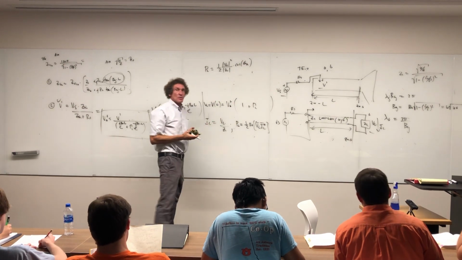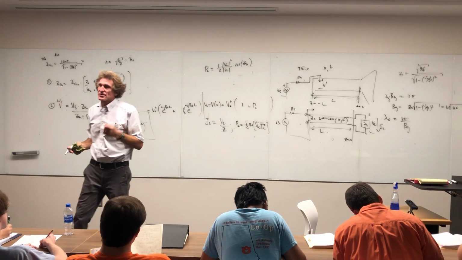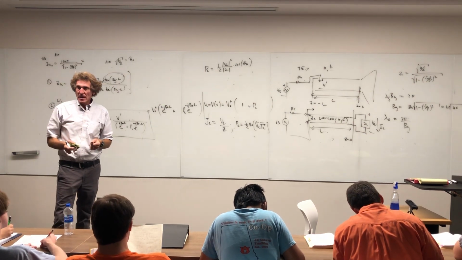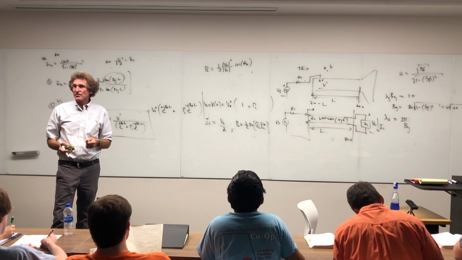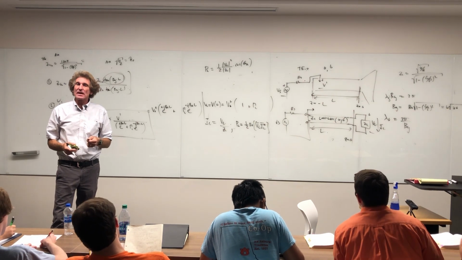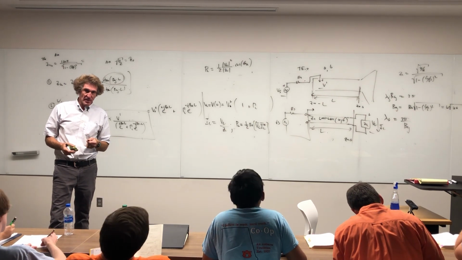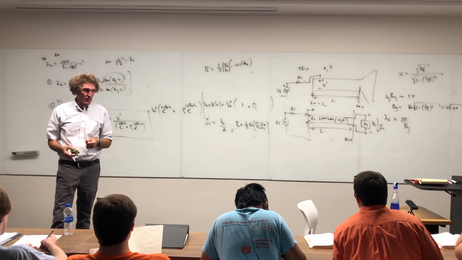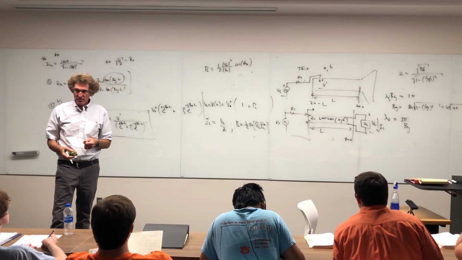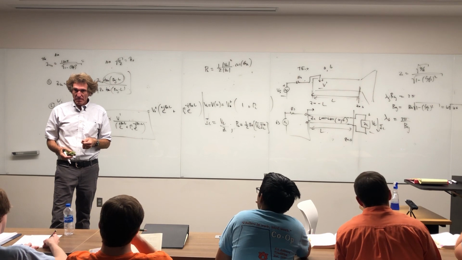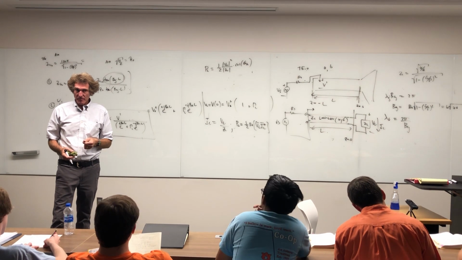Like if ZL was 50 plus j50 ohms, that would be equal to a magnitude of 50 times square root of 2 and an angle of 45 degrees. Do you all follow me? So that angle would be cosine of 45 degrees. I hope this is helping.